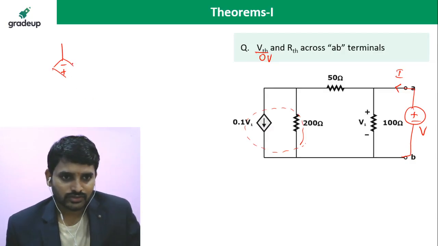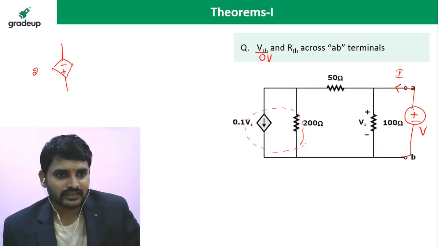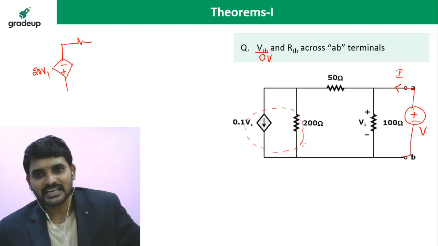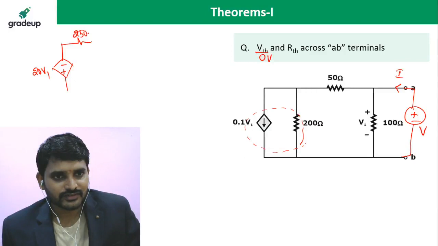So 0.1 V1 into 200 comes out as 20 V1 in series with 200 ohms resistance, and the 200 ohms will be in series with 50, so you'll get 250 ohms, and later this branch is going to be 100 ohms.